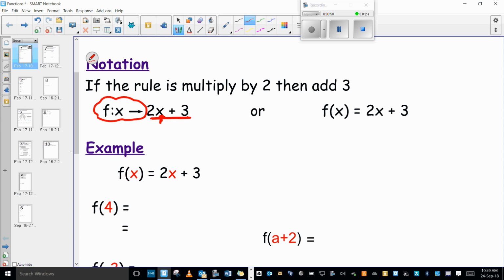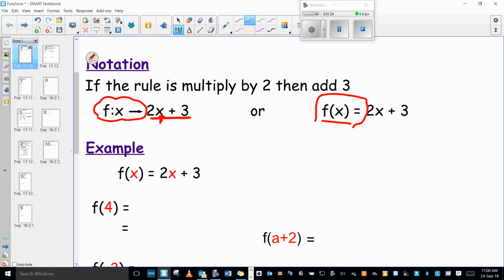So it's a fancy f, colon x, and an arrow. Or more commonly, you may see it as f bracket x equals. Okay? Both of those two things just tell us it's function notation. And on the right-hand side, the rule is as we've been used to. 2x plus 3 means you're multiplying something by 2 and adding 3 to it.